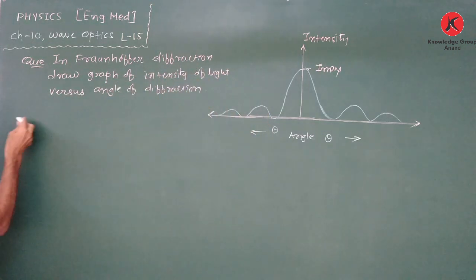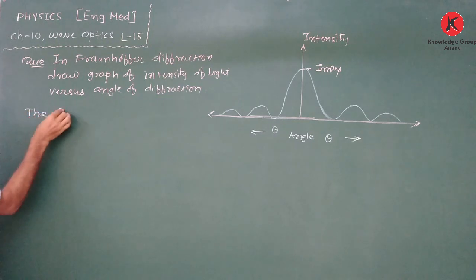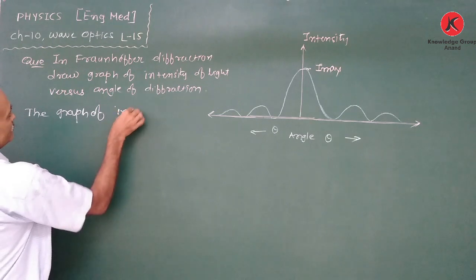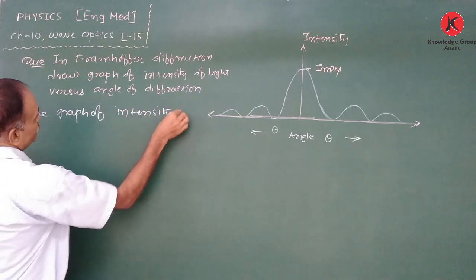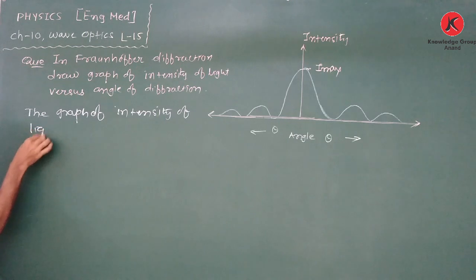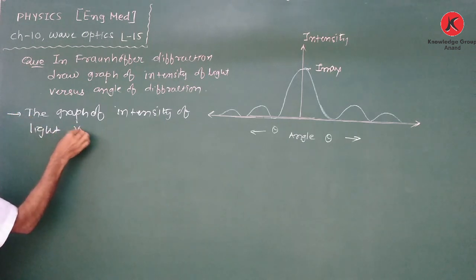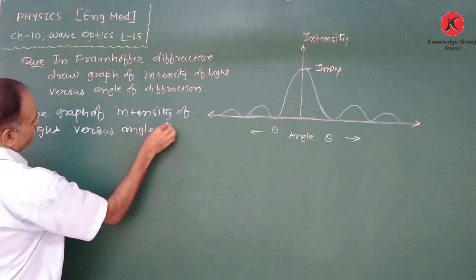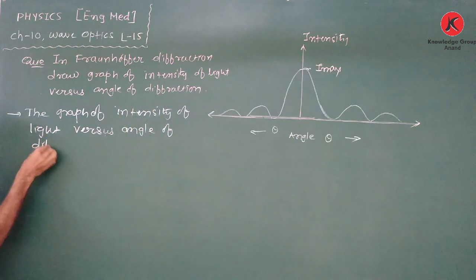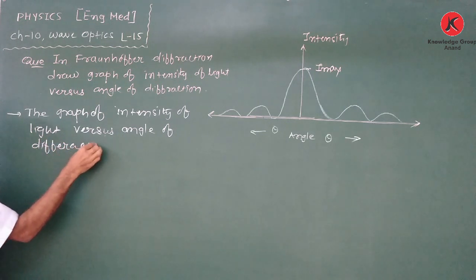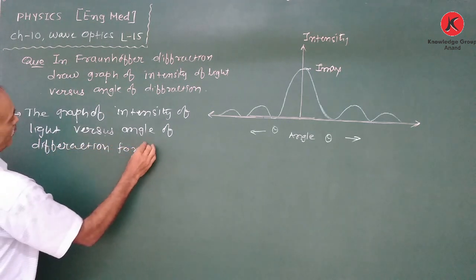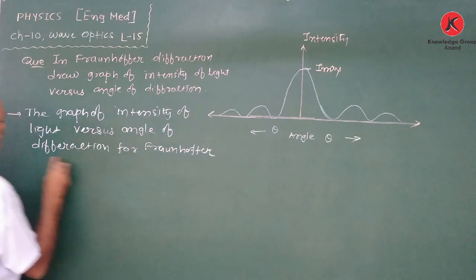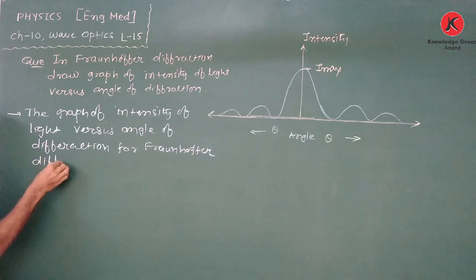The graph of intensity of light versus angle of diffraction for Fraunhofer diffraction is shown in the figure.